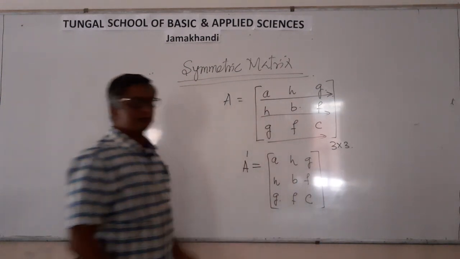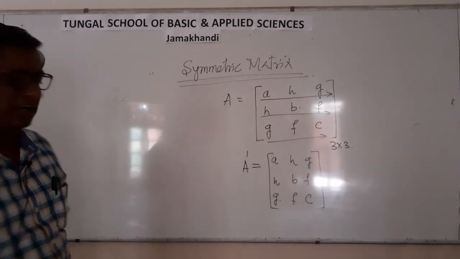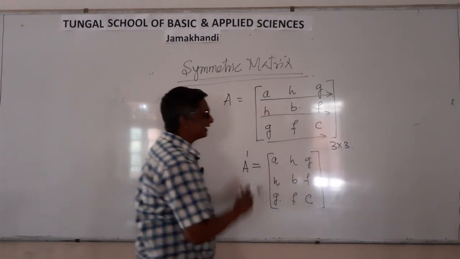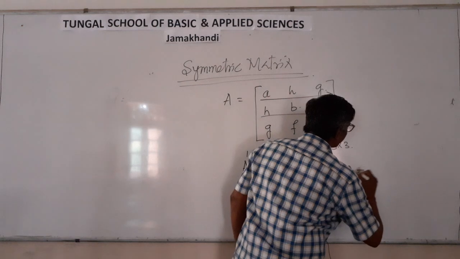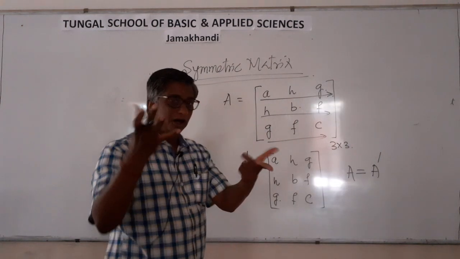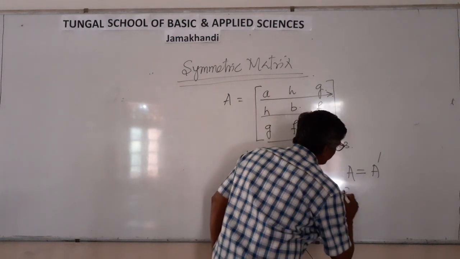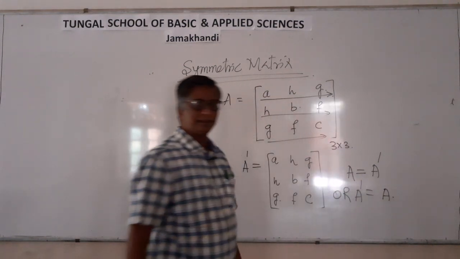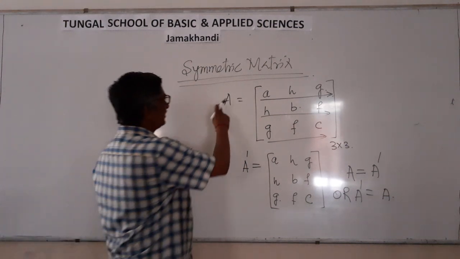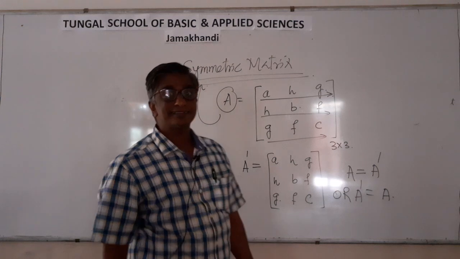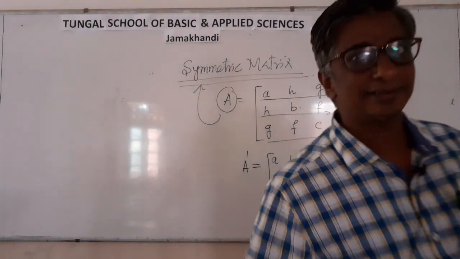Just observe A and A dash. What are you getting? You are getting A is the same as A dash, or A dash equal to A. Then this matrix we call a symmetric matrix.